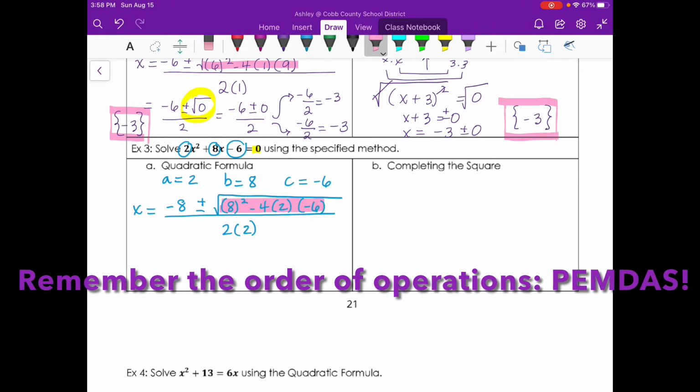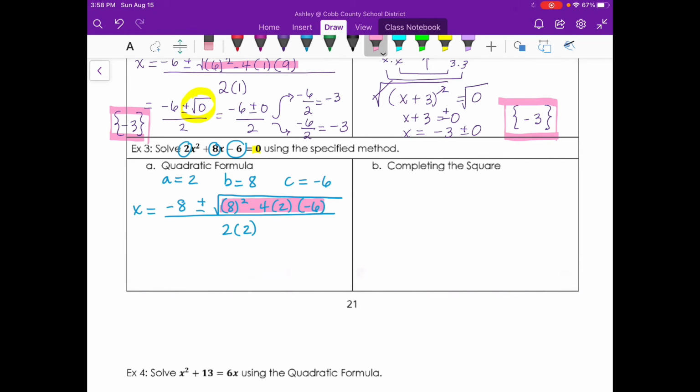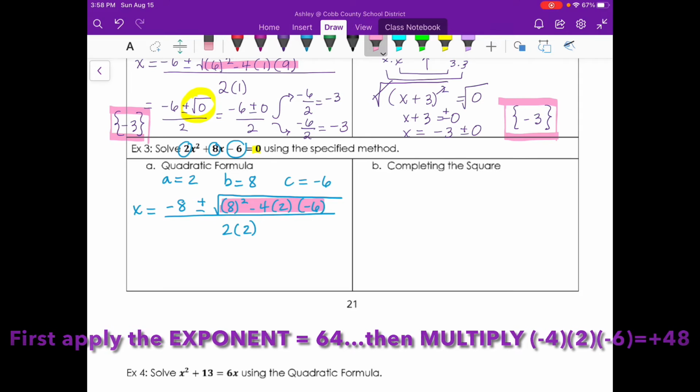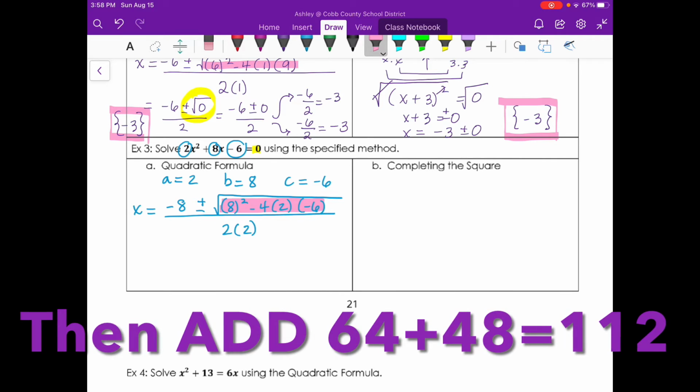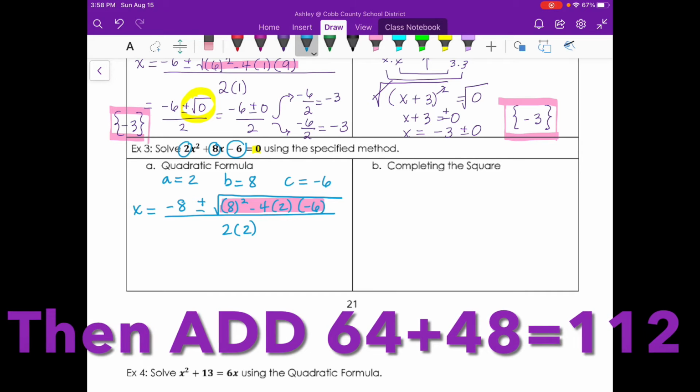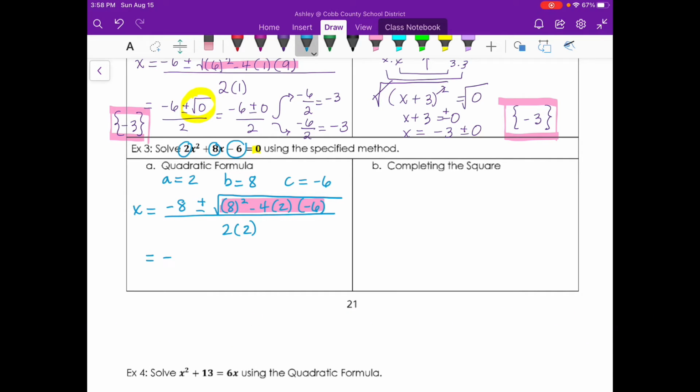So we are going to multiply 8 squared minus 4 times 2 times -6, and that gives us 112 underneath the radical. Again, do not type the radical symbol into your calculator, just find out what value is inside of there. So we have -8 plus or minus the square root of 112 all over 4.